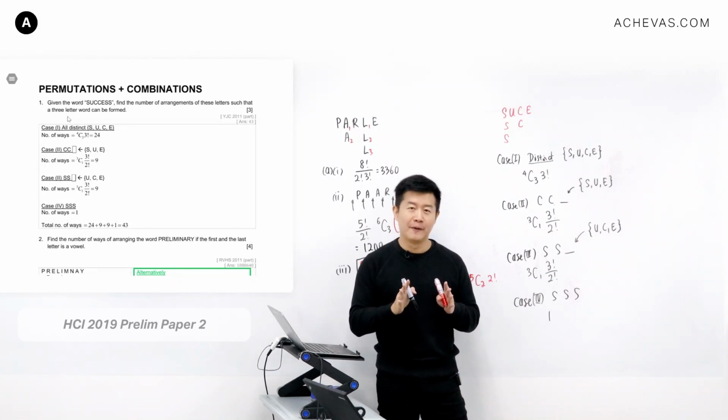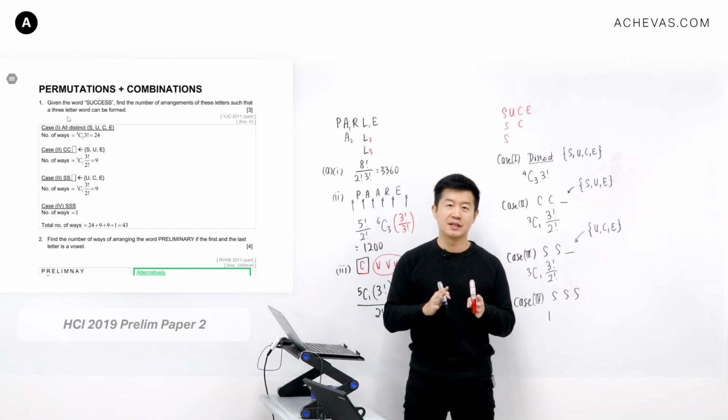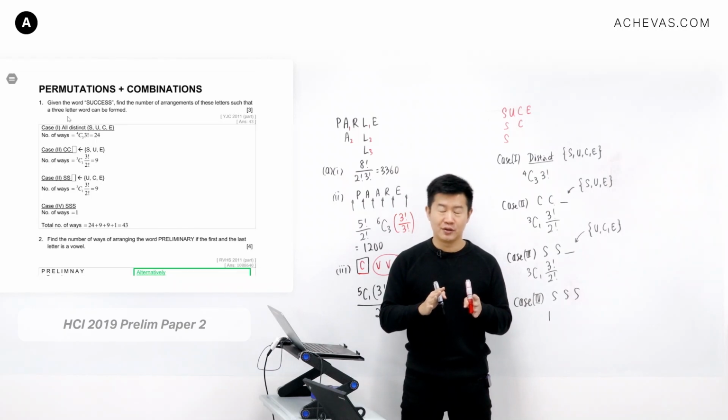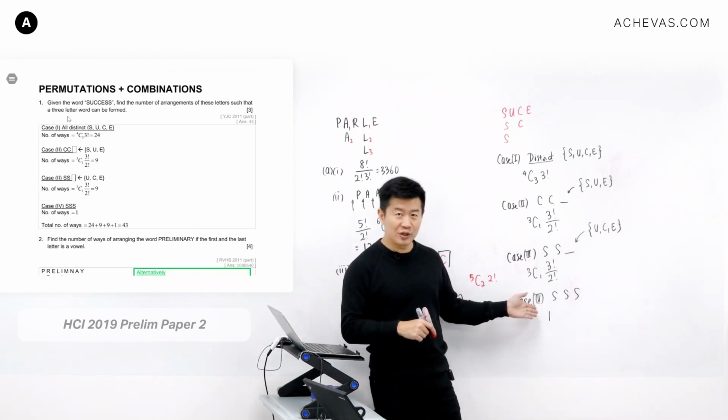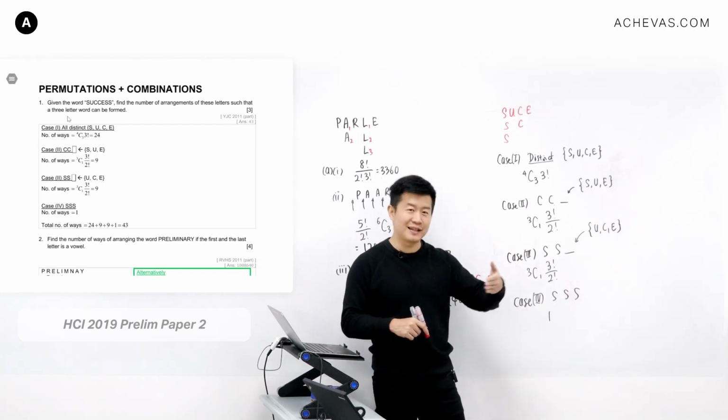Just tell yourself, P&C is about efficiency. So if you try to apply P&C and it gives you inefficiency, that means that question is not supposed to be done using P&C. You must recognize this. So there are people who will try to calculate using permutation, using combination, trying to see these 3 S's as distinct.